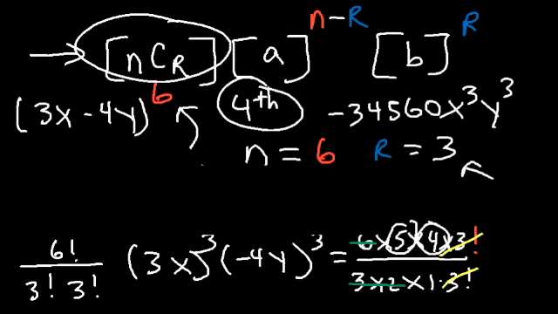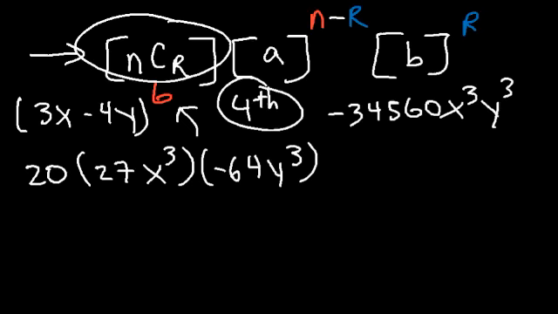So let's make some space. We have 20 times 3x to the third power, which is 27x cubed. Negative 4 to the third power is negative 64 times y cubed.